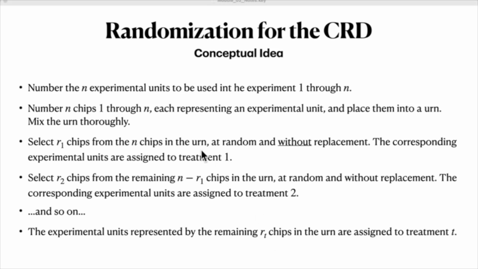Obviously, you would construct an initial data set with integers 1 through n, and then in addition to those experimental unit ID numbers, you would generate these other random numbers that you would then sort. So that is one way to implement this randomization procedure via computer.